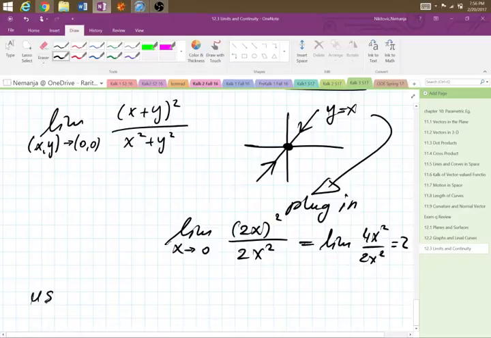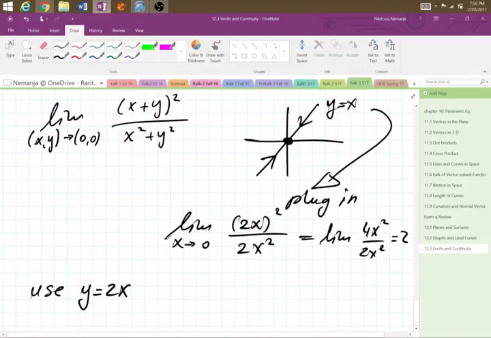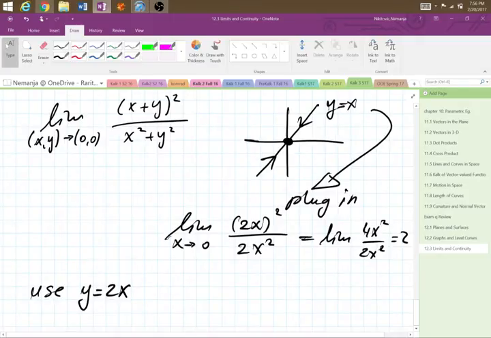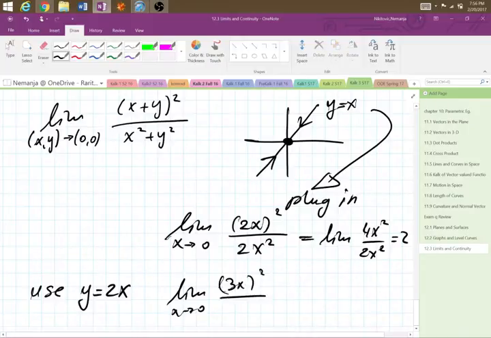Now you plug that in, and if y is equal to 2x, we get limit as x goes to 0 of 2x plus 3x squared divided by, is that 5x squared on the bottom? So it's 9/5.